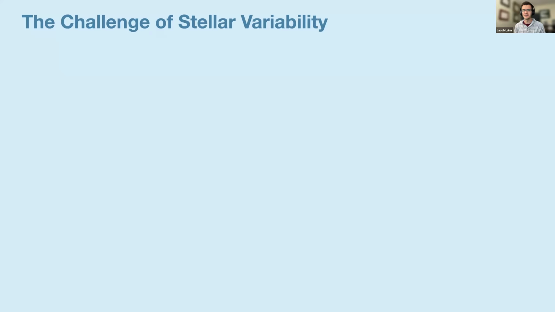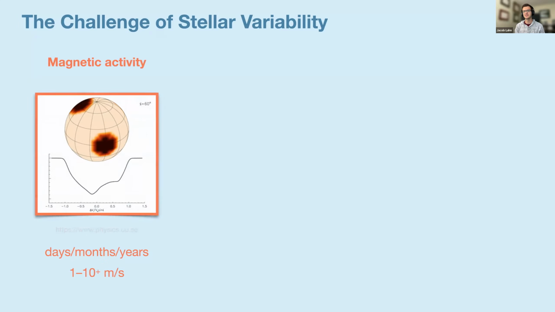And it comes in a variety of flavors. Traditionally, the ones we think about are magnetic activity. These are things like spots, plage, faculae that rotate in and out of view, typically on timescales of days to months, as well as long-term activity cycles on years. And this can have amplitudes anywhere from the meter per second level to well above 10 meters per second.